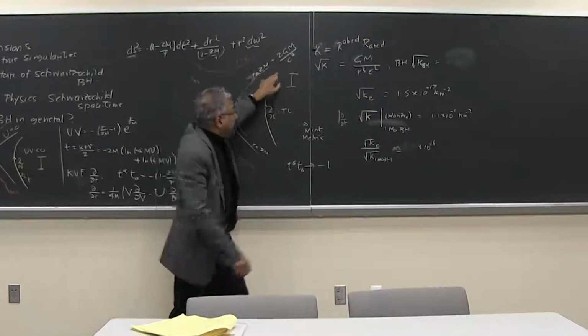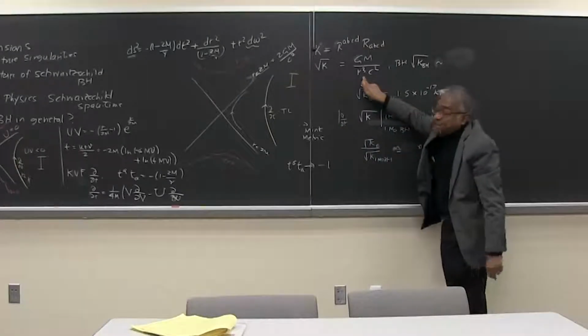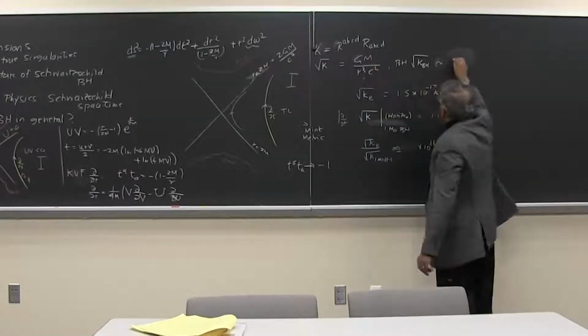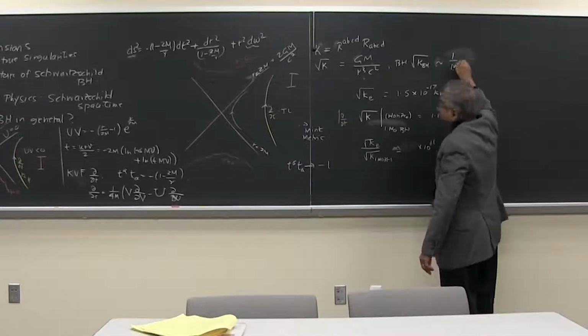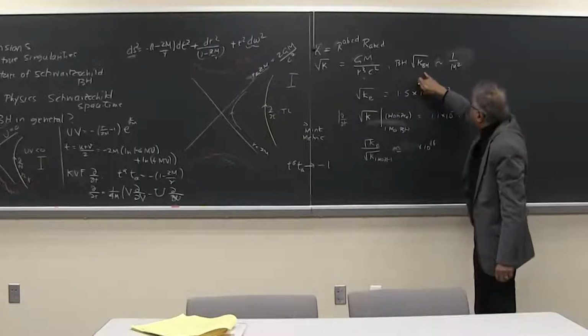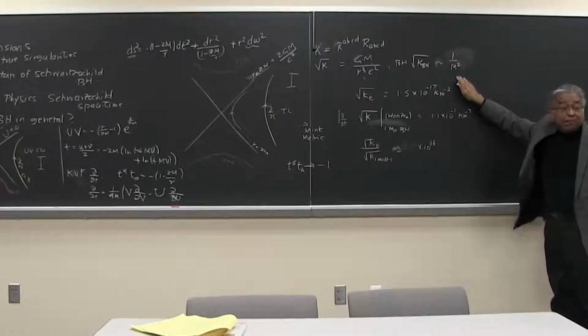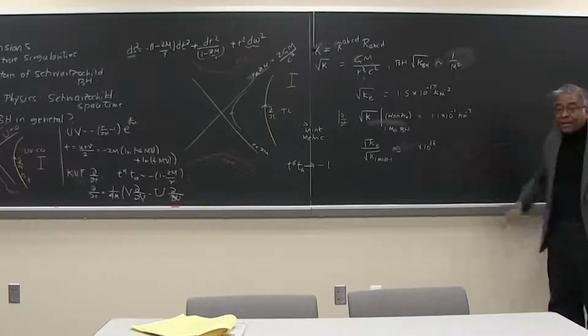When I do that, on the surface of the black hole, this really goes like m cubed, this goes like m, so therefore this goes like 1 upon m squared. So at the horizon, in fact, the Kretschmann scalar, the tidal force, goes like 1 upon the mass of the black hole squared.